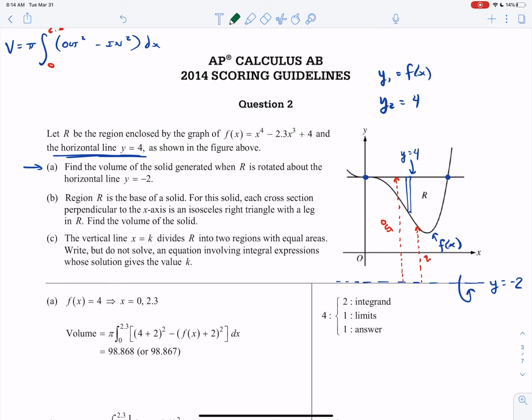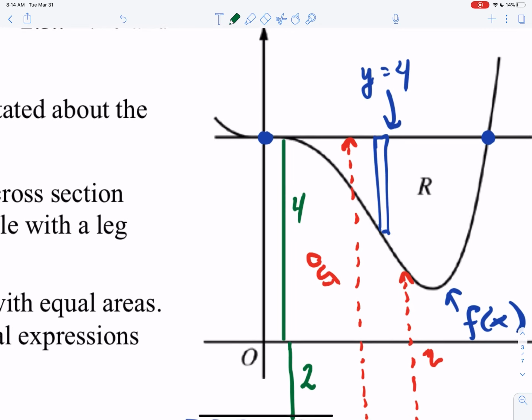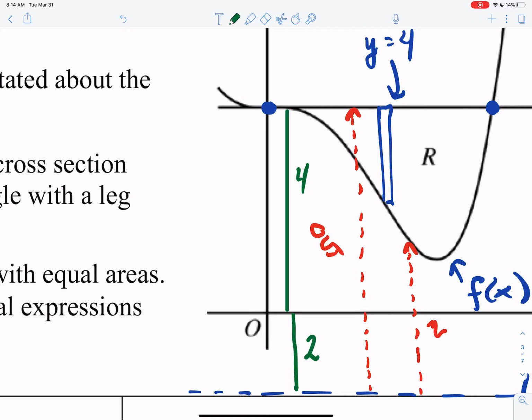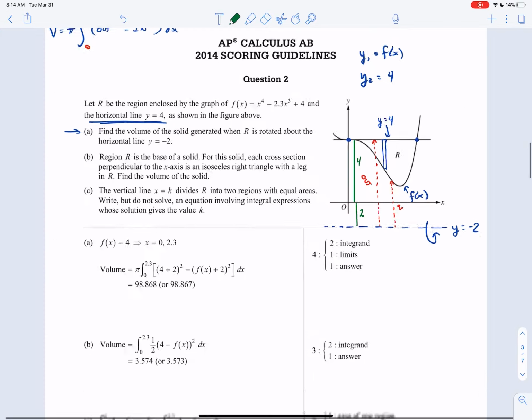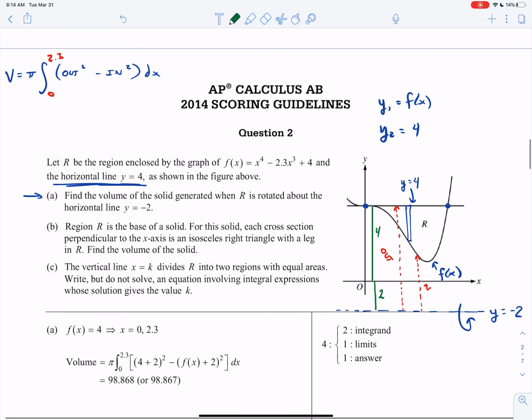I know that from here to here is 4, and from here to here is 2. So how do I get this red outside line? It's basically just 2 plus that function 4. So in this case, it's going to be 2 plus the function 4, squared.